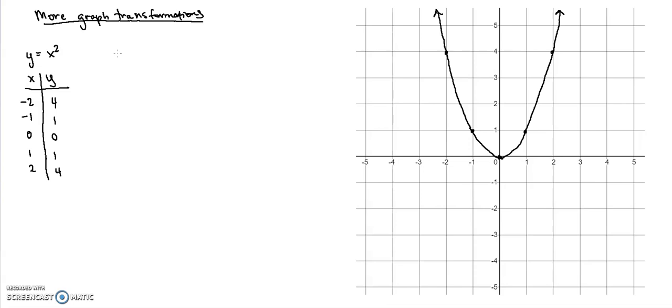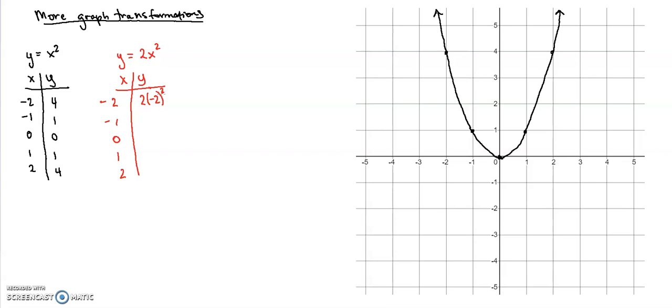Okay, so the first one that we're going to look at is what happens when we multiply by a number. So we looked at adding and subtracting. This time we're multiplying by a number. So I'm going to plug in those same values that we've been using. And when I plug in my x value, remember your order of operations, you're going to square and then multiply because exponents come before multiplication. Remember PEMDAS?